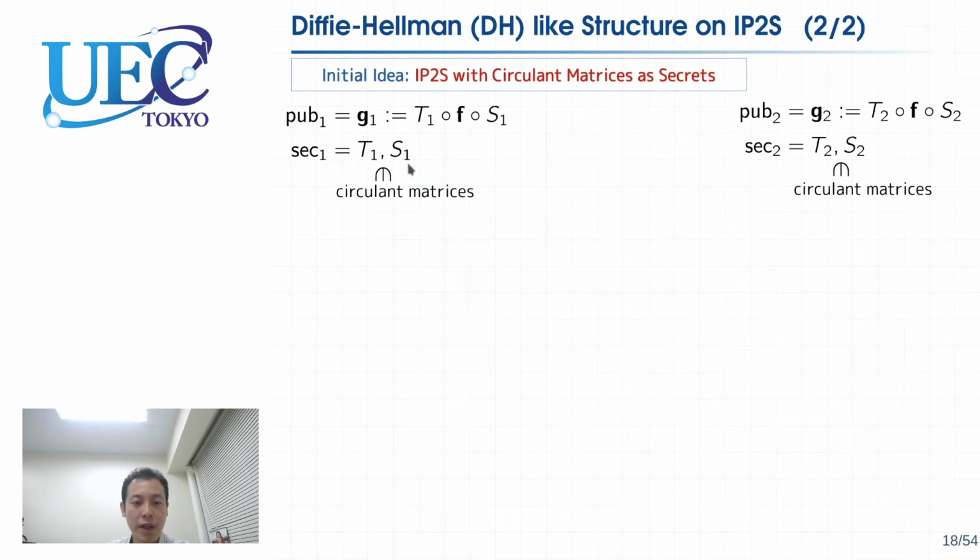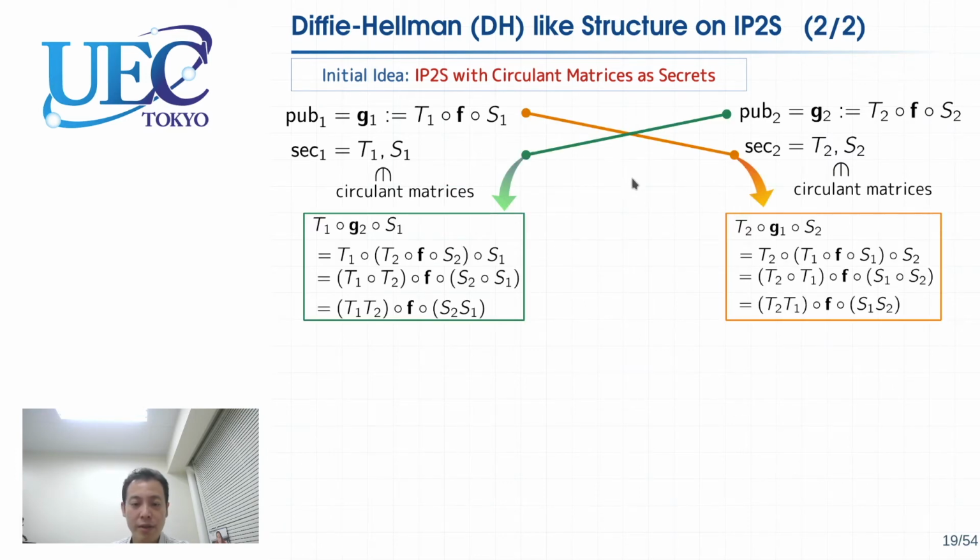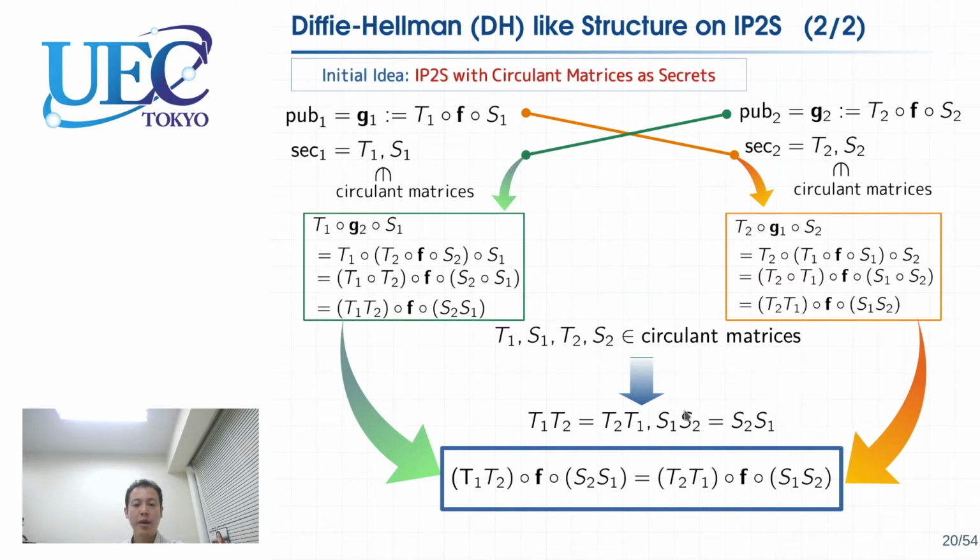So we set the secrets as circulant matrices here, and by using crossing functions, we have these values on the left and the right. Thanks to the commutative property of these circulant matrices, we know that the left and right values are actually the same. You can see here the order does not matter.